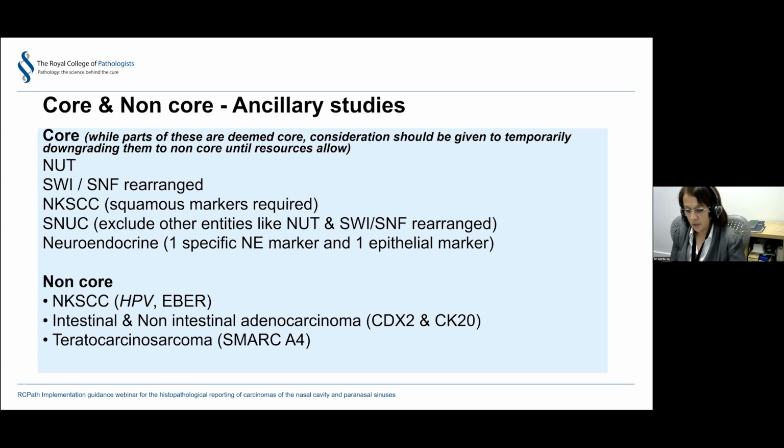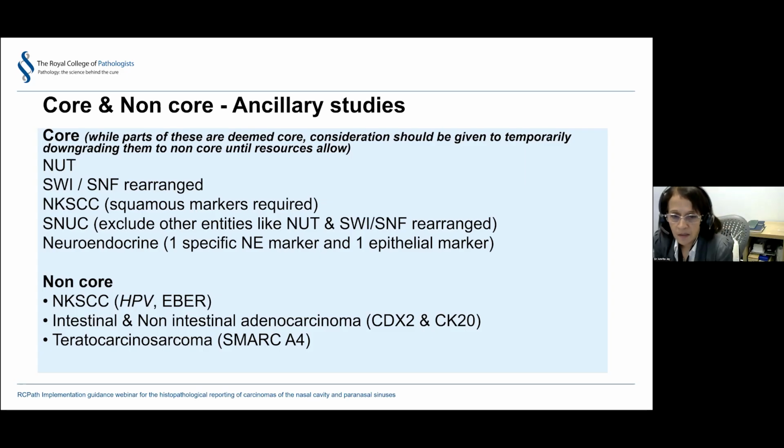But obviously, even with these entities, it may not always be possible to get a very specific neuroendocrine marker, for example, INSM1. And so I think you should make every attempt to try and identify it.